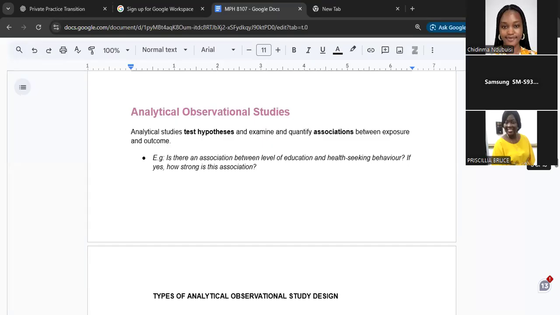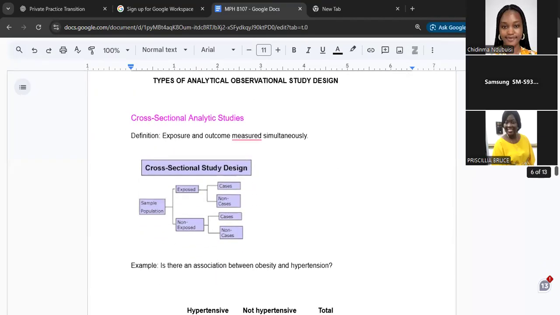Okay, so now let's talk about the types of analytical observational study design. This is a diagram that I have here. In analytical cross-sectional design, we are measuring both exposure and outcome at the same time. Everybody together, we are taking them.